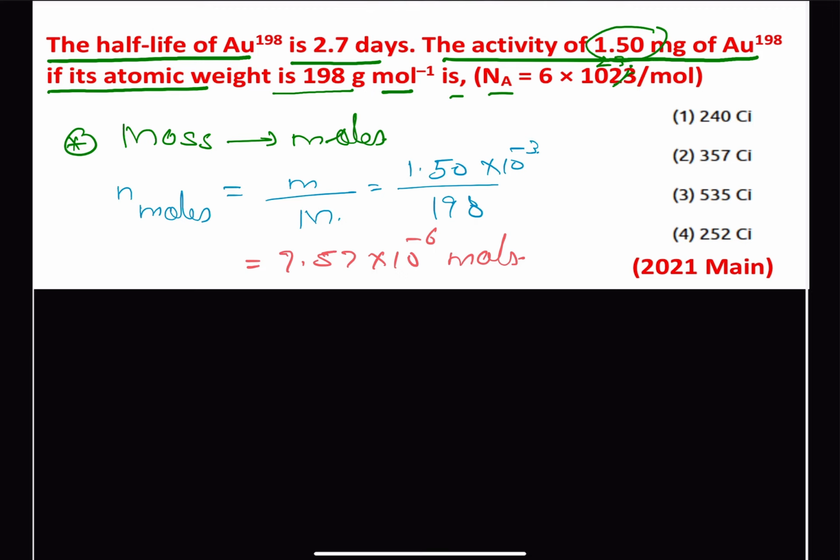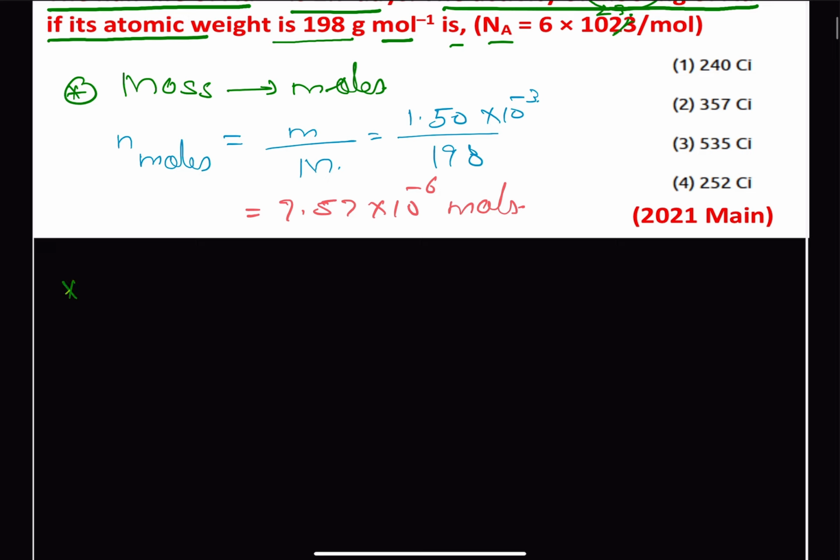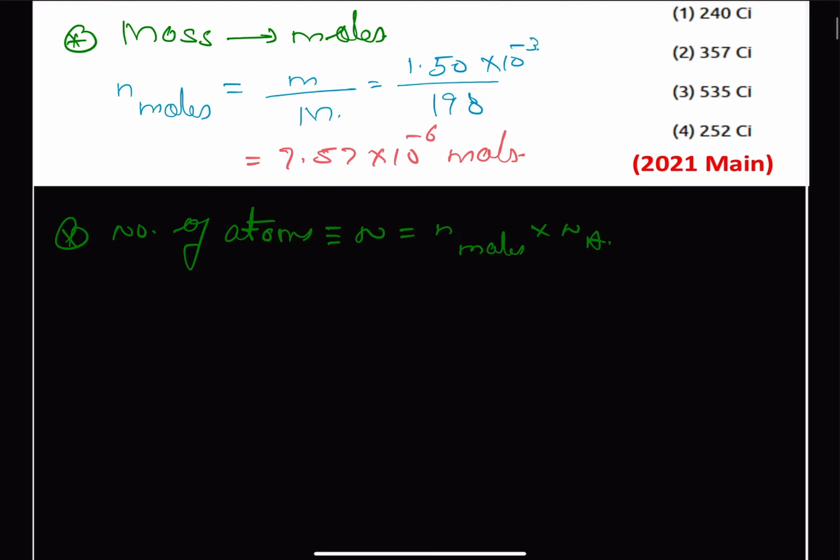Now we are going to find out the number of atoms. Number of atoms, let us say it is represented by capital N, will be equal to number of moles multiplied by Avogadro's number.